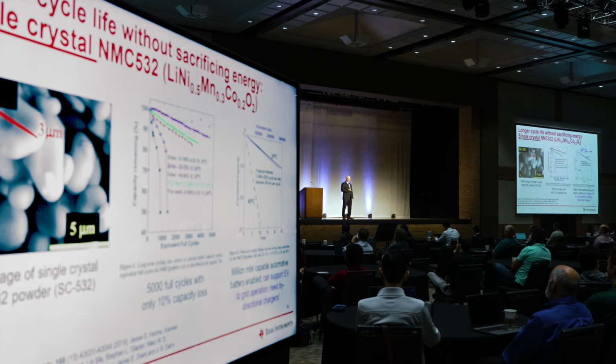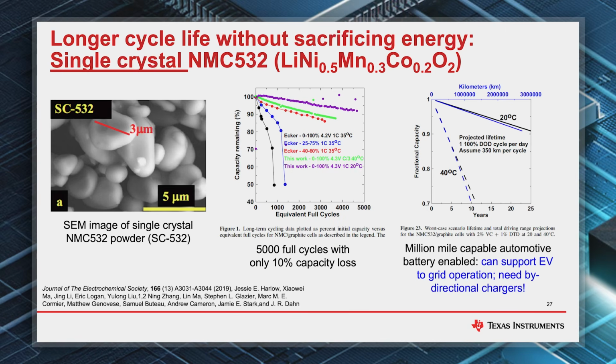That actually has been demonstrated, interestingly, with these single crystal NMC materials. Single crystal NMC is not that difficult to make. It's basically the same NMC, it just has to be baked slightly differently, with the focus on crystalline shape. And this kind of material has demonstrated these amazing cycle lives. And this is NMC, it's not LFP or all these exotic materials that I was talking about earlier, like titanate.